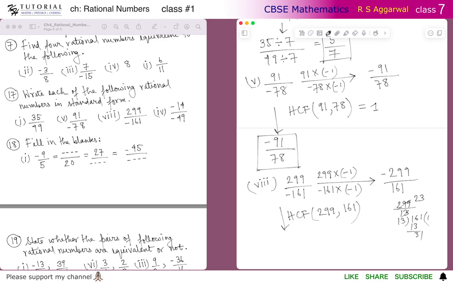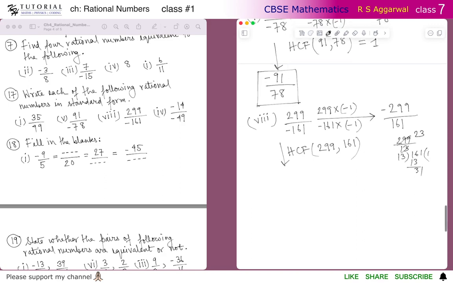No. I don't seem to find a common divisor of 299 and 161. I could be wrong. I'm assuming it's 1.